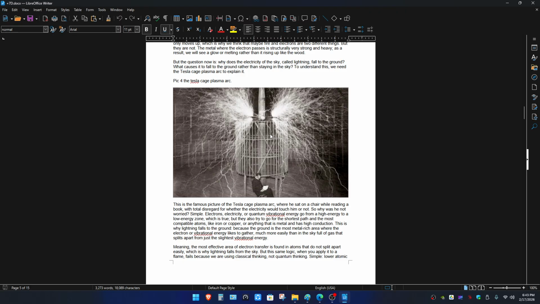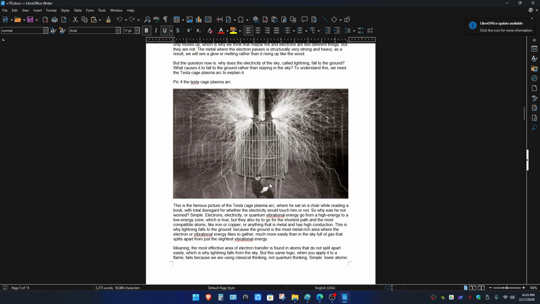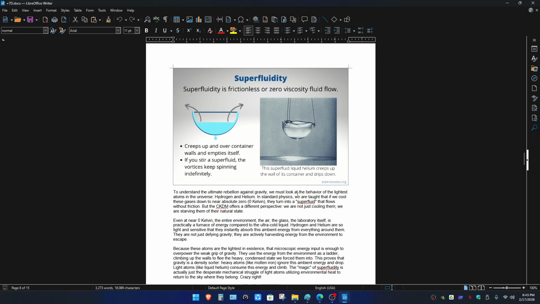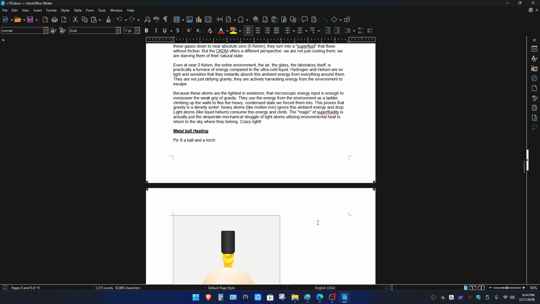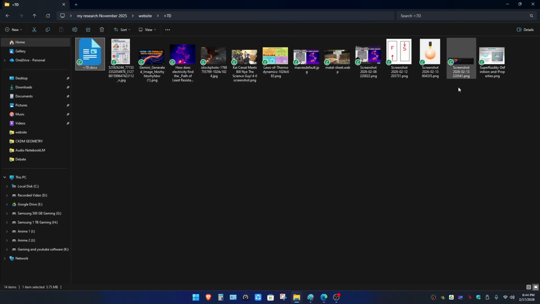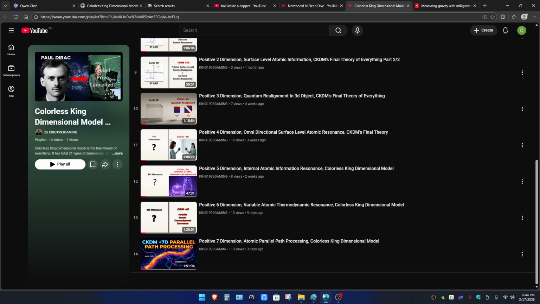Okay, and here we see Nikola Tesla sitting in a chair of plasma arc, where he knew where the electron goes, and he was sitting there because he knew his body was not going to attract the plasma arc. So there are certain types of materials that the electrons like to go to. If you just go and watch my 7D, you will eventually understand. You just go and watch my video here.